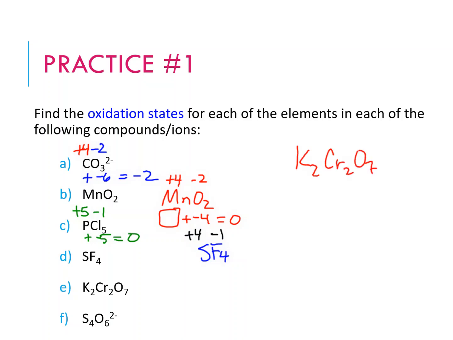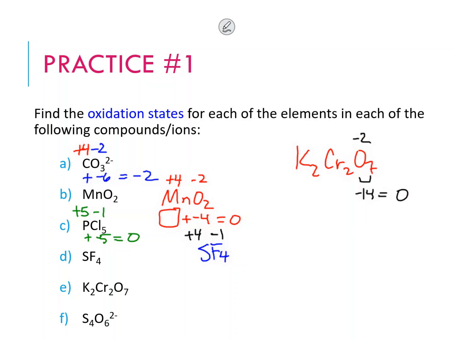We have our salt here with the polyatomic ion, so 3 elements to contend with. We have to figure out which ones we actually know here. Oxygen's a given. What's oxygen? Minus 2. So this is going to total up to minus 14. It's going to add up to 0, right? What else do we know? Potassium or chromium here?